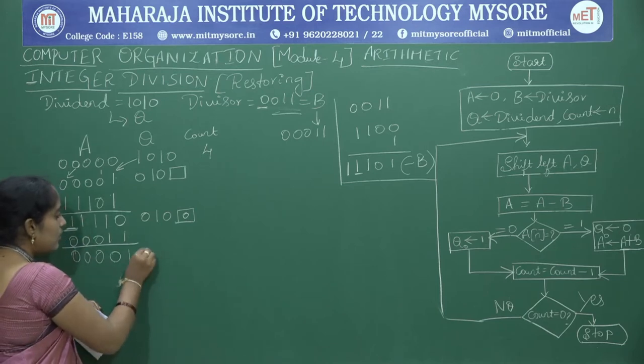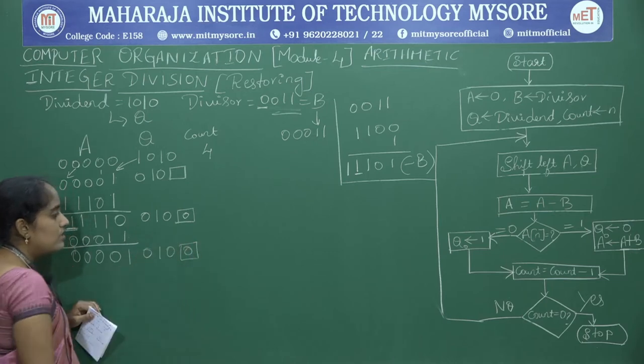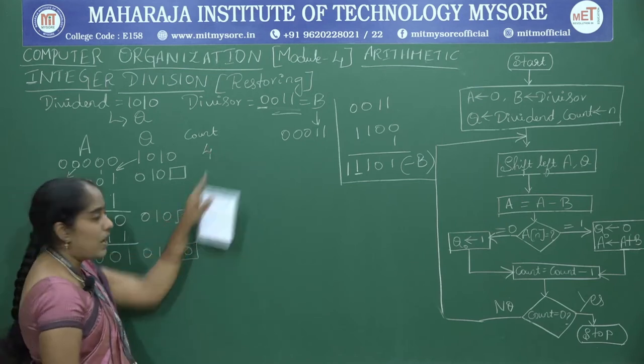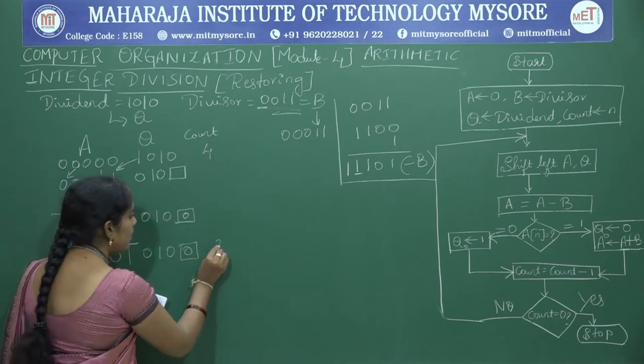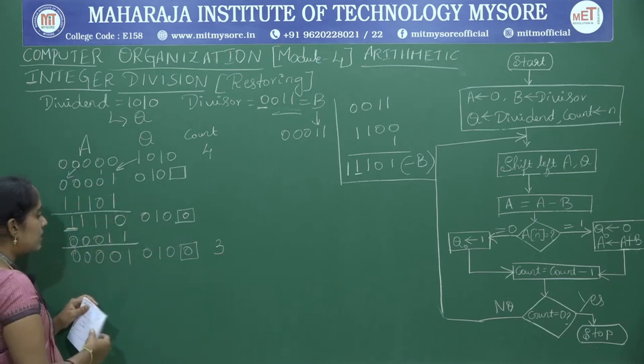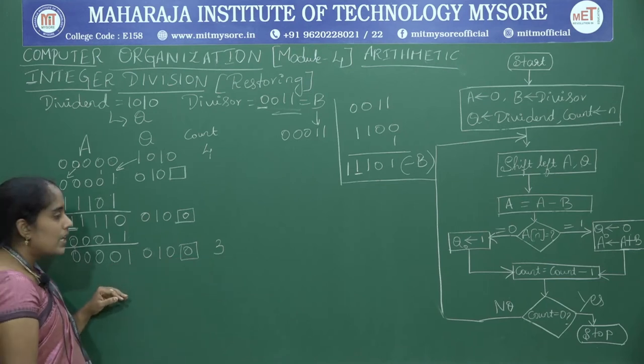Okay. So, 0 1 0 and blank, sorry, it is 0. Then decrement the count value. So, now it is 3.